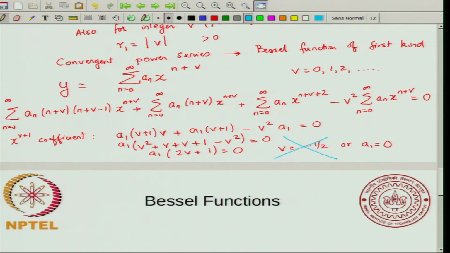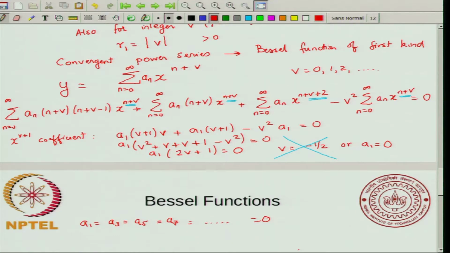Now, if a_1 equal to 0, you notice here you have n plus v plus 2, and here everything else is n plus v. So that means a_1 equal to a_3 equal to a_5 equal to a_7 equal to 0.